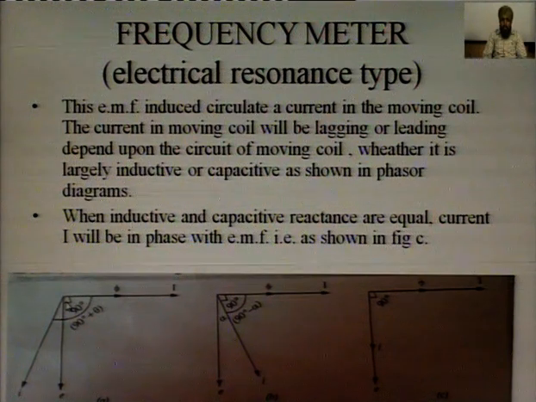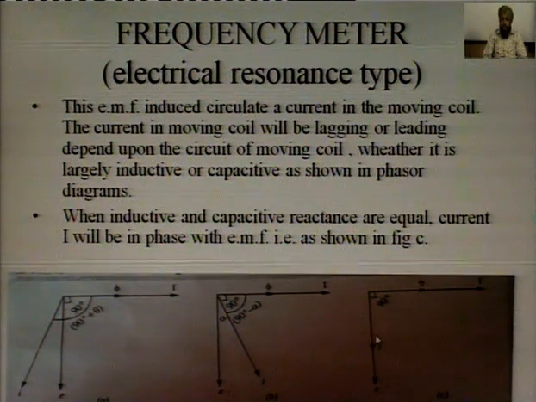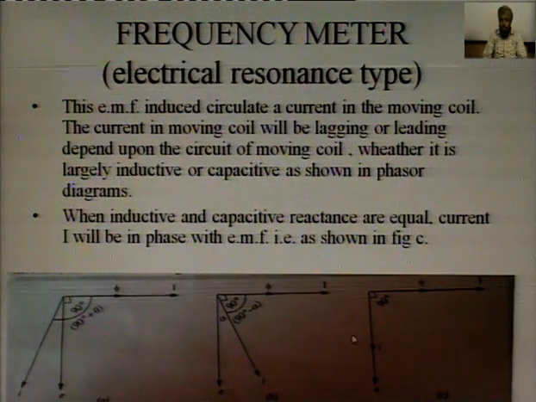So if the circuit is inductive, the current I will lag behind the EMF by some angle, and if the circuit is capacitive, the current will lead the EMF. If the circuit is resistive, or if capacitive reactance Xc and inductive reactance XL are equal, then the current will be in phase with the EMF E, or you can say that the circuit will behave as a resistive circuit.